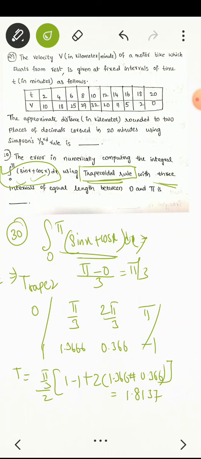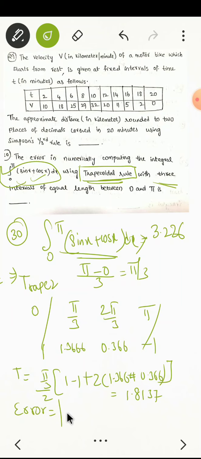Wait a minute. So I am getting the value as 3.266. Okay, then error is equal to what?